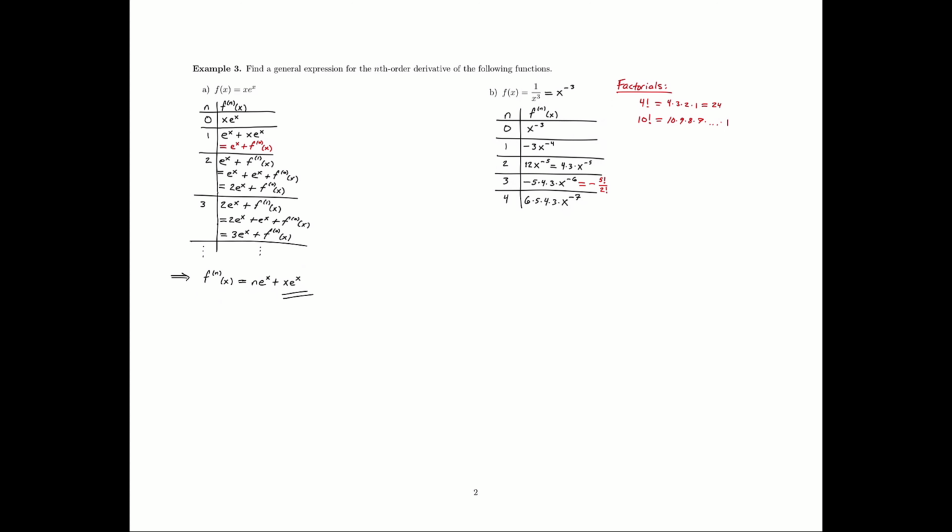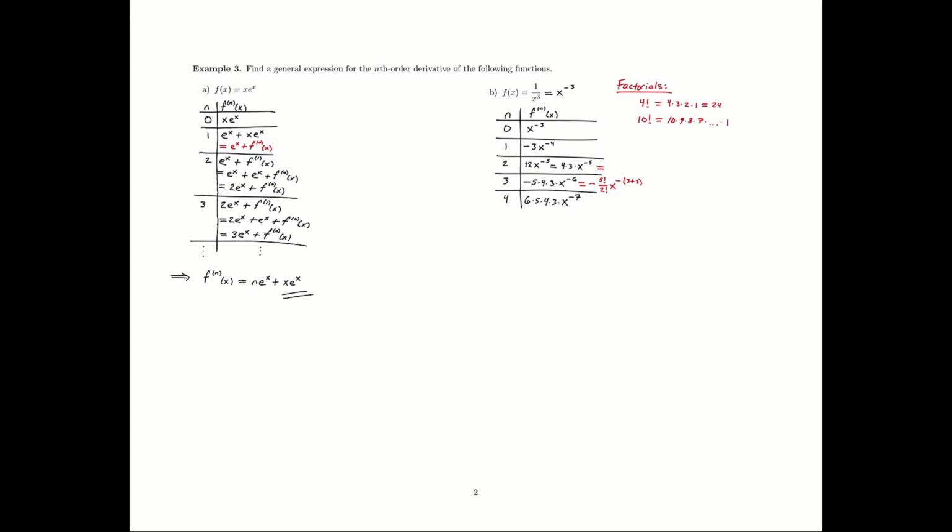And then this would be x raised to the negative, what is this? 6. So in relation to 3, this is 3 plus 3. And what's this one look like?